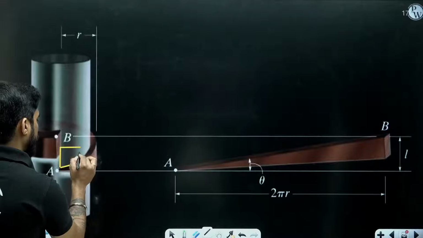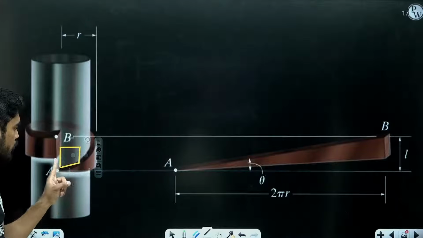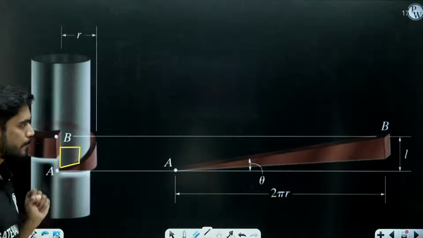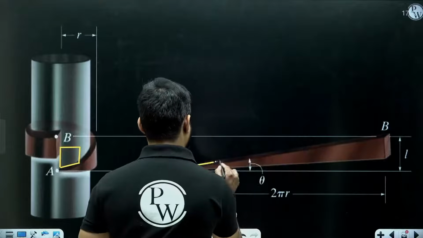You have a block of weight W, which is right now here, and you need to move this block from A to B. Okay. You have a weight like this.